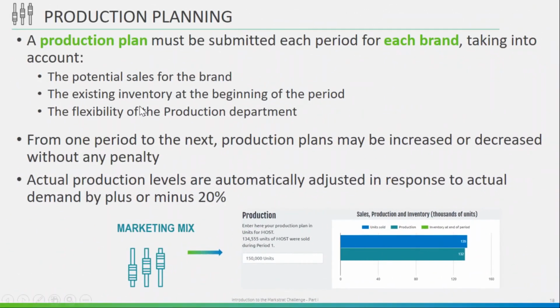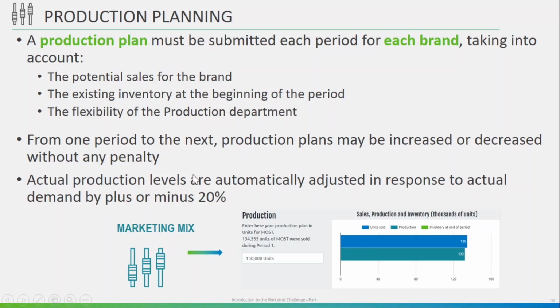Okay, production planning, you've got to estimate how many units you think you could sell in the marketplace and order that number of units. So you've got to take into account how many units you had left over in the previous period. You want to try to resell those in the new period, so you will adjust how many you're going to order down based on how many you have left.